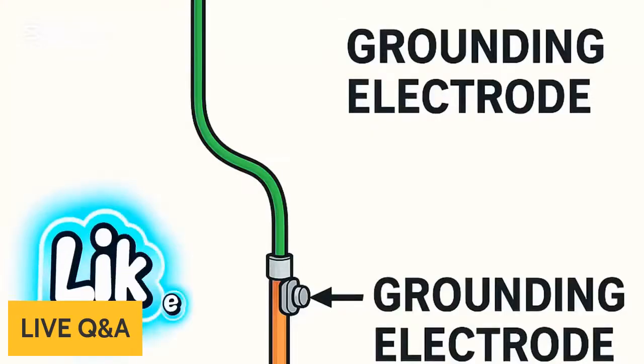Welcome back to the Grounding and Bonding Masterclass series. This is episode 3, and today we're breaking down the difference between a ground rod and a ground plate, and when each one is used under the OESC 2024.